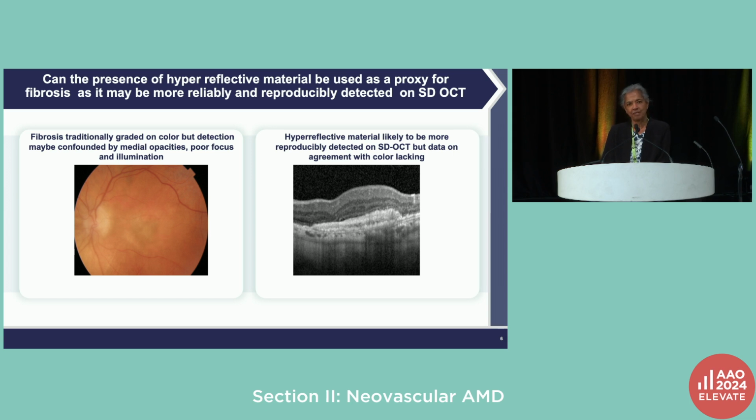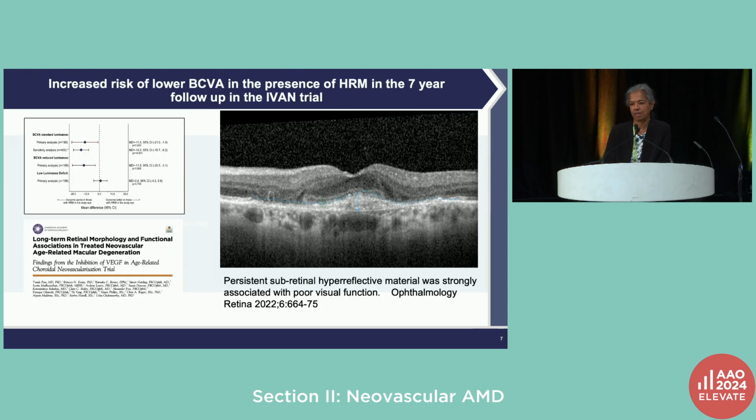And the hyperreflective material that's used as a proxy for the presence of fibrosis on OCT is much more reproducibly detected by retina specialists, and also it gives you depth information. You can locate it to whether it's subretinal, sub-pigment epithelial, replacing the outer retinal tissue. You can look at all these characteristics.